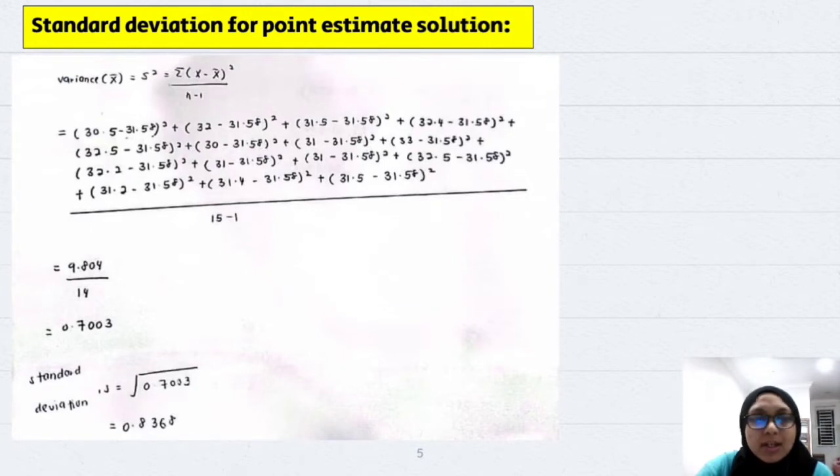I substitute all the values needed into the formula over 15 minus 1, and I got the variance is 0.7003. But the question wants the standard deviation, so I square root the variance and got the product 0.8368.